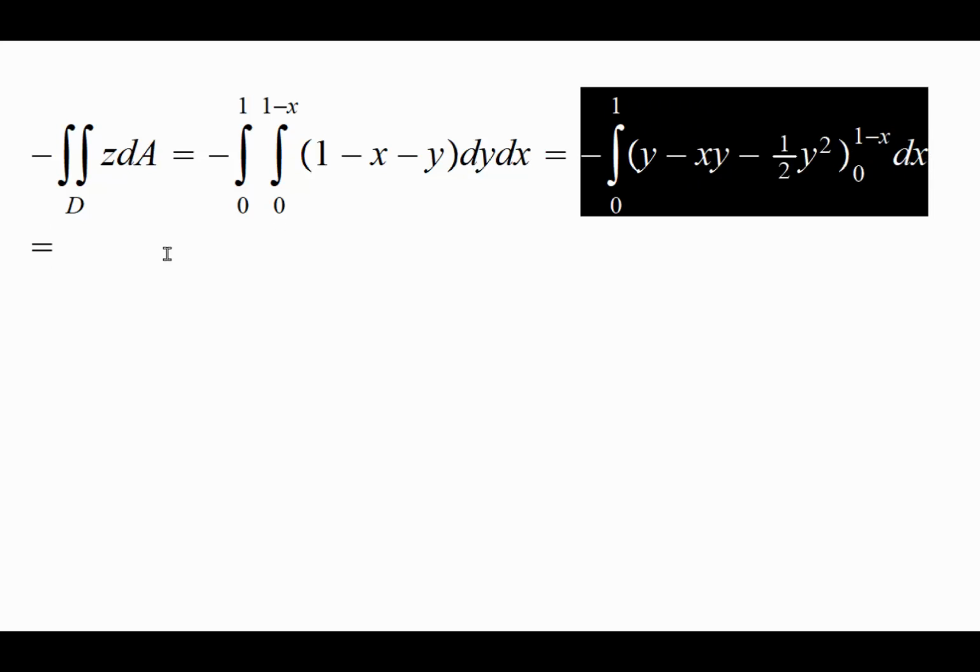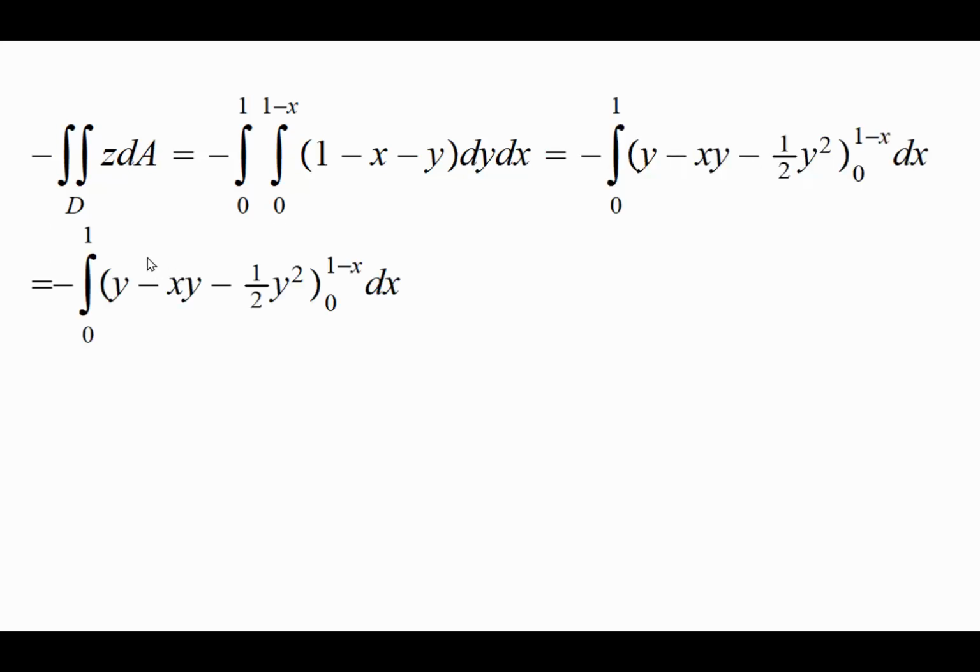We have 1 minus x here. Let me write it down. This is 1 minus x, and then y becomes 1 minus x again. And then we get 1 minus x squared.